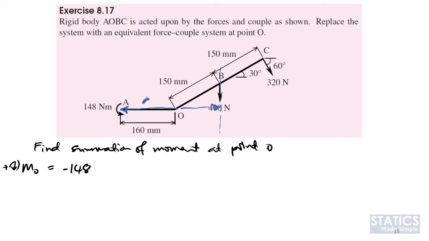This is your D. The magnitude of the moment will be equal to, since the rotation here is clockwise, it must be positive, 400 times D. D is 160, or if I want to make everything in terms of meter, this will be 0.16 plus, the angle here is 30 degrees, so the component of OB along the horizontal axis will be 0.15 cos 30 degrees.